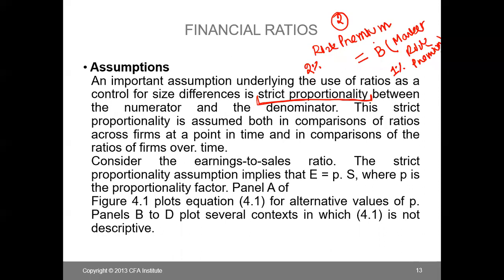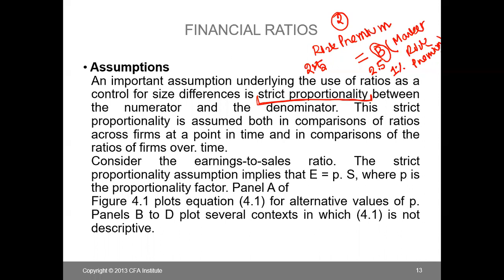Risk premium is equal to beta times the market risk premium. And if beta goes up to, say, 2.5, the risk premium should be 2.5%. So which is directly driving the risk premium? The stock beta is driving the risk premium that should be expected by the investors.